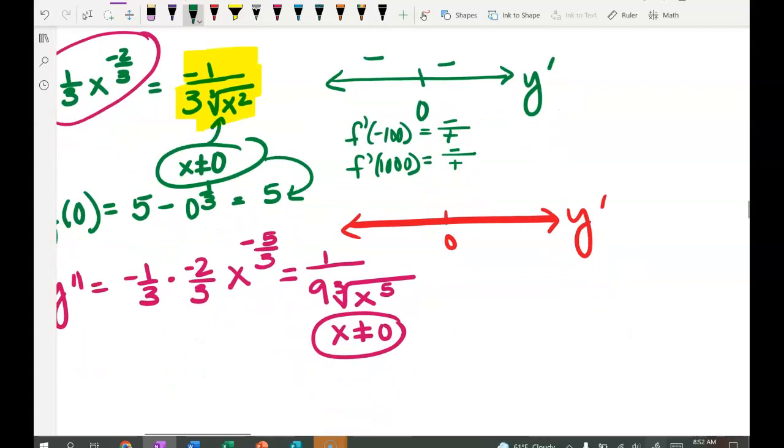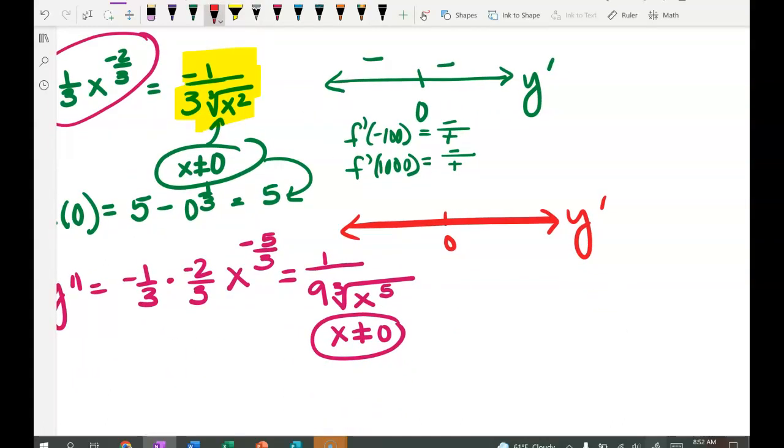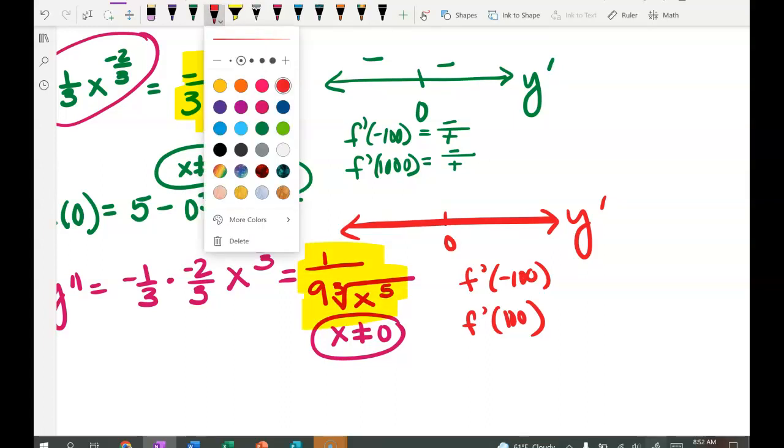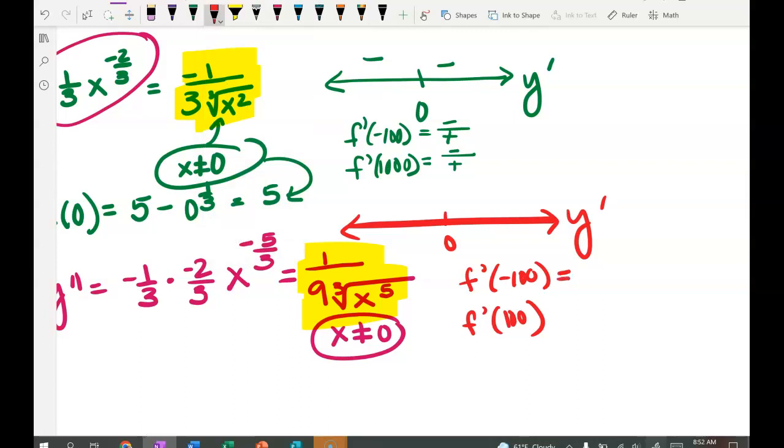And we're going to do the same thing on the second derivative. Let's plug in something big and negative on the left side and something big and positive on the right side to see the end behavior, and I'm going to use this right here. On the top, we know it's always positive 1.